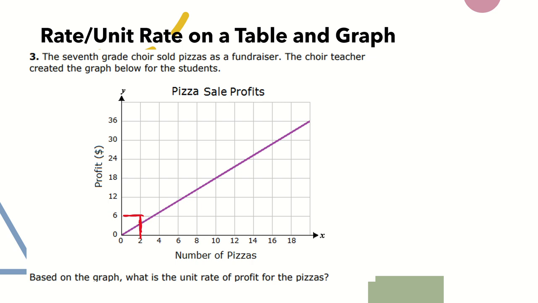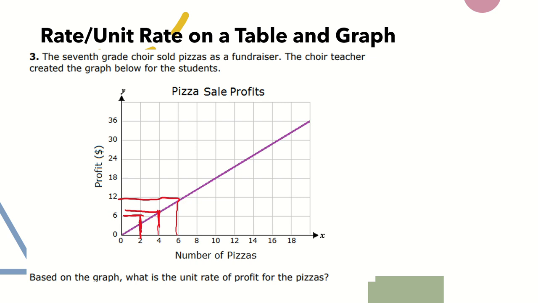So I don't want to use that one. I want to use one that directly hits my X and my Y axis. Let's look at my next one. I have 4, but it doesn't hit directly on the X and the Y together. Let's continue. 6, no, close, but not exactly.